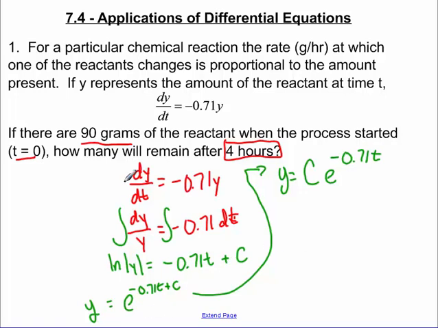Now this is just pre-calculus. Plug in 90 grams, which is your y, and plug in t equals 0. Anything to the 0 power goes to 1, so c ends up equaling 90. So we have our equation.